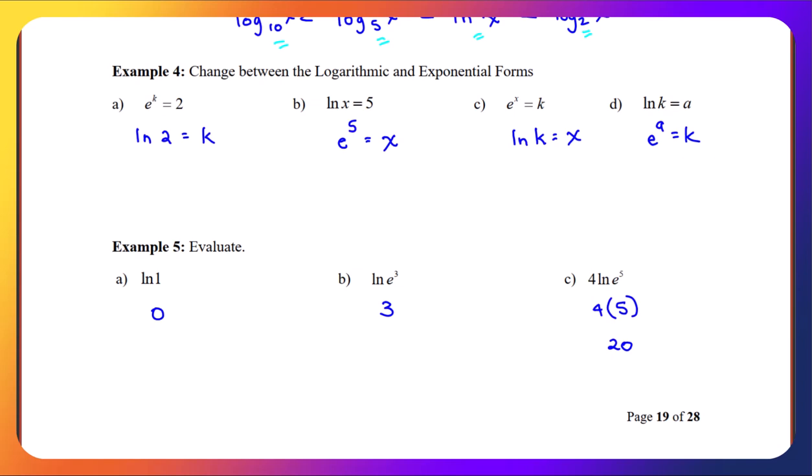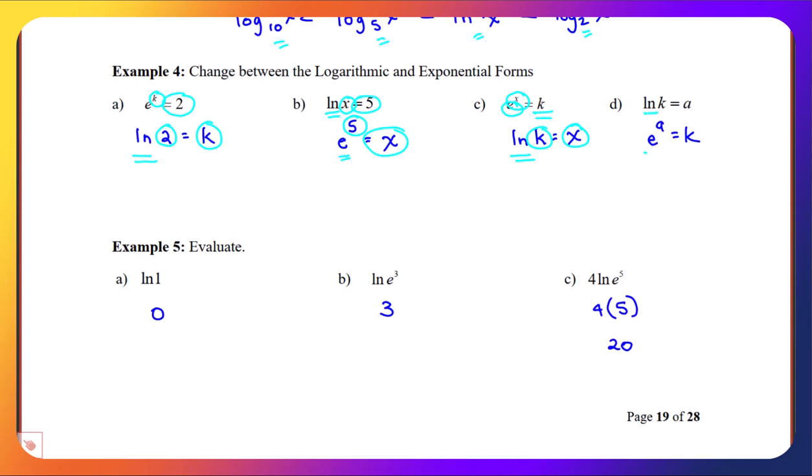Again, let's read this. The exponent of e that gives us 2, that exponent is k. The exponent of e that gives us x is 5. The exponent of e that gives us k, that exponent is x.